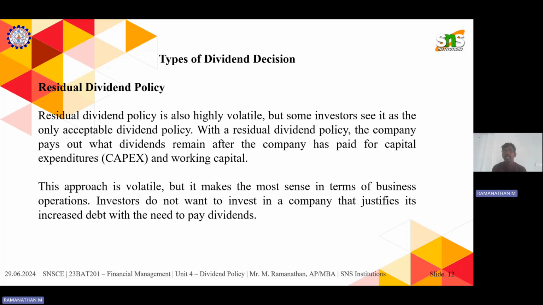So here in the residual dividend policy, what they are telling us is that once the net profit or earnings are received, if there is any capital expenditure, or you want to reinvest, or material things have to be bought, you can buy. Other than that, if the amount is there, you can distribute it to the shareholders. Such a policy is called a residual dividend policy.